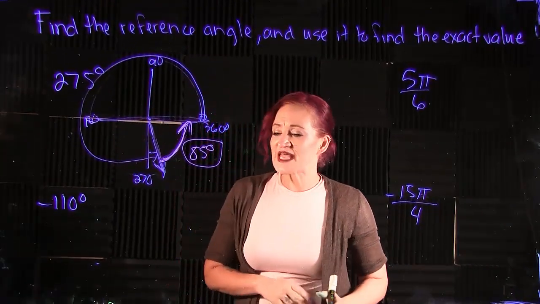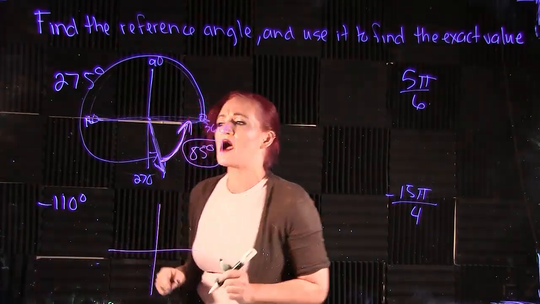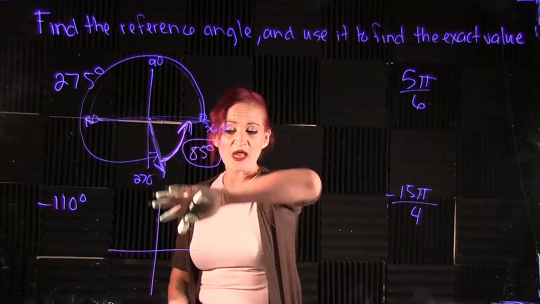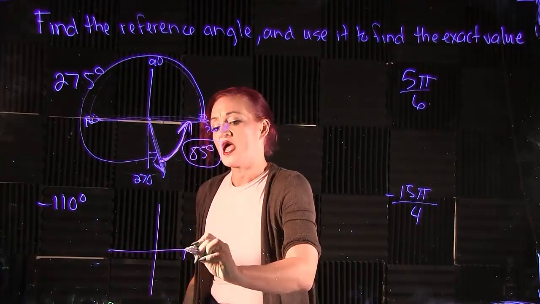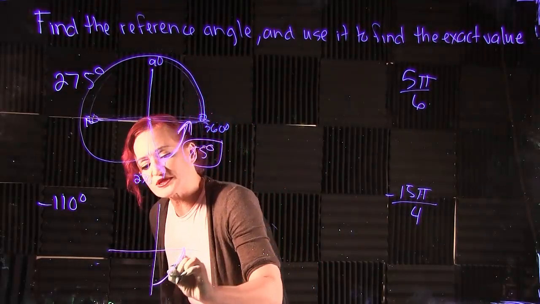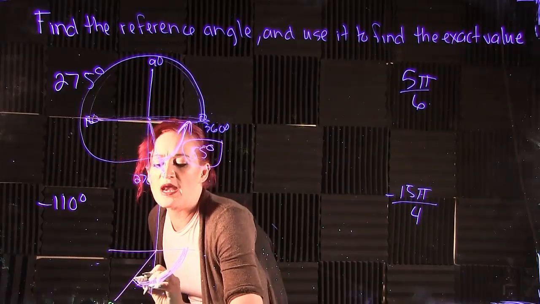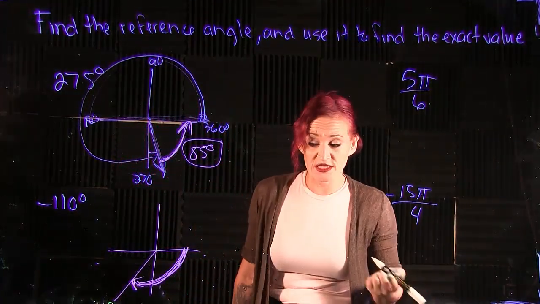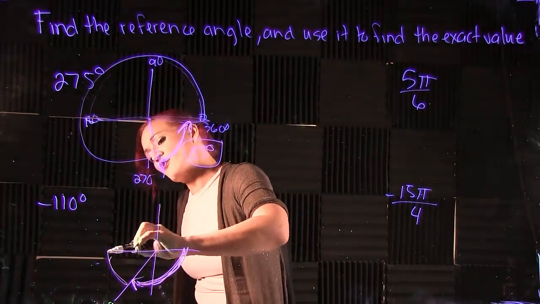If we take a look at the angle negative 110 and we draw that out, keep in mind that a negative angle goes clockwise, so we're going to be starting in this direction. If we go out over here, that's negative 90. If we go just a little bit further, this is what the angle negative 110 looks like. Since it's a shorter side over here, this is what our reference angle would look like.